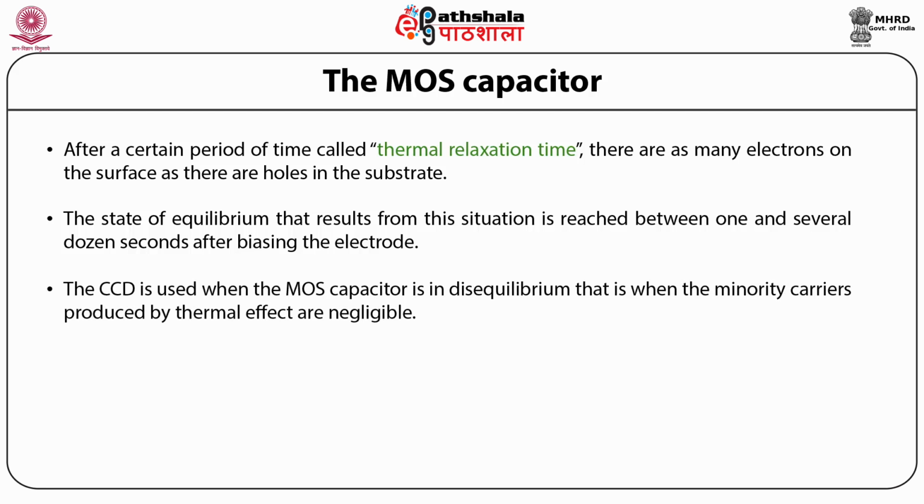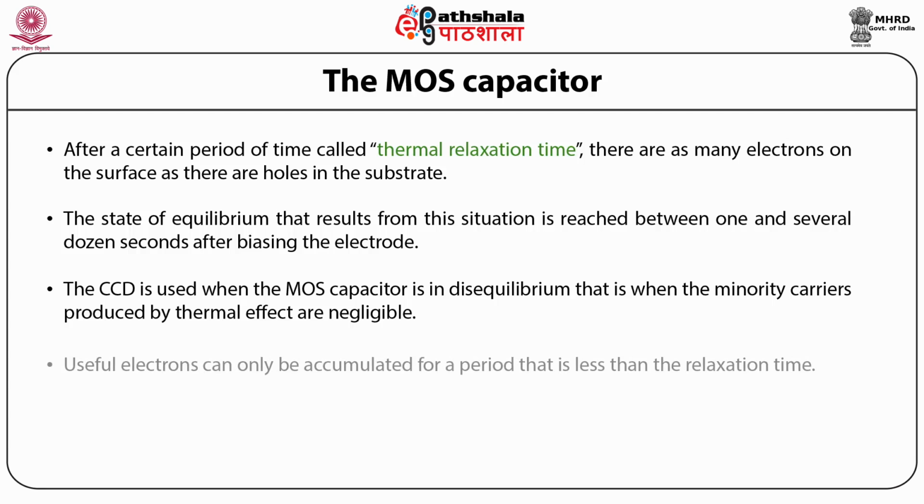The CCD is used when the MOS capacitor is in disequilibrium, that is, when the minority carriers produced by thermal effects are negligible. The useful electron carriers are those that are generated by the photoelectric effect and not those caused by dark current. Useful electrons can only be accumulated for a period that is less than the relaxation time.